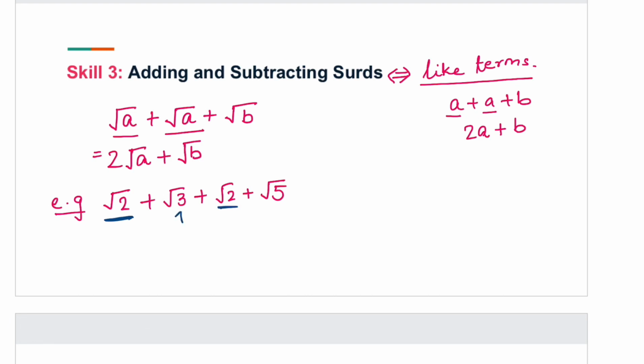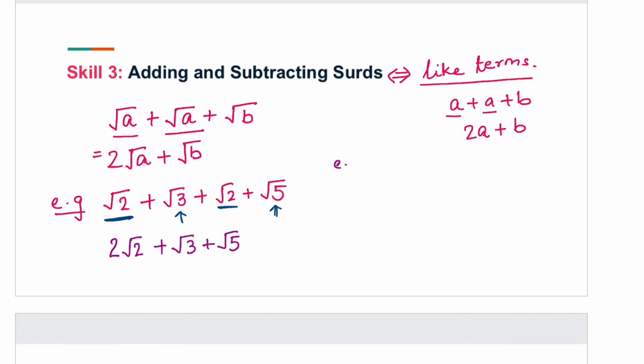Root 5 and root 3 are different, so they cannot go together. So the answer here will be 2 root 2, because there are 2 root 2's, plus root 3 plus root 5. We have to treat them as like terms.